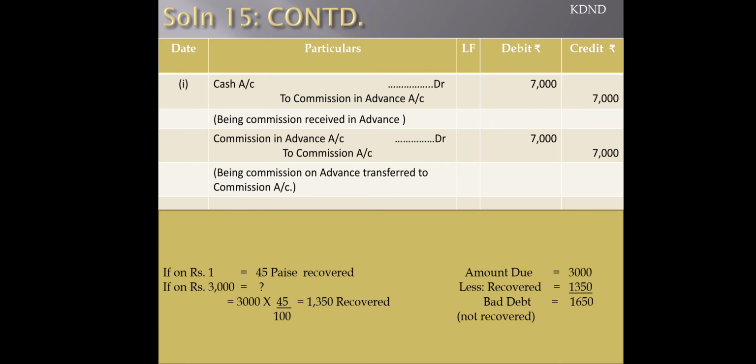And then commission in advance account debit to commission, because we are transferring that commission to our commission account. Is that clear? Okay, so that is understood. Thank you.